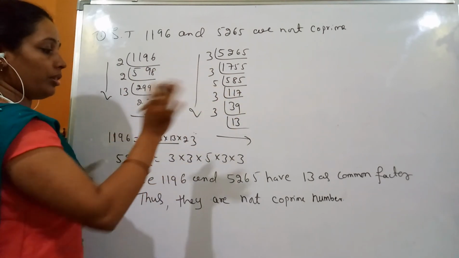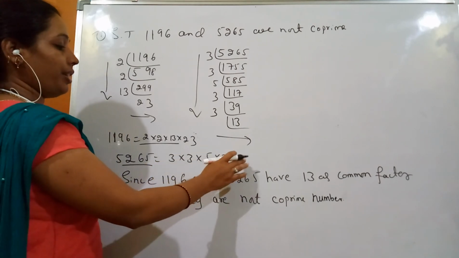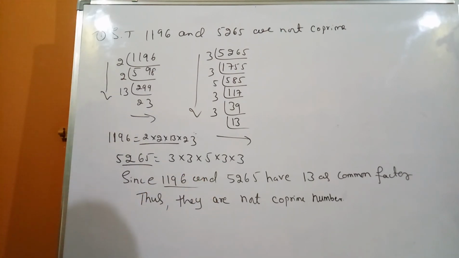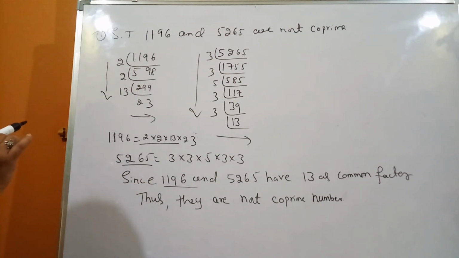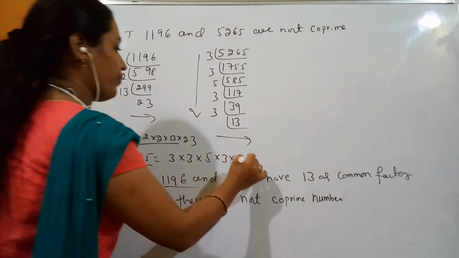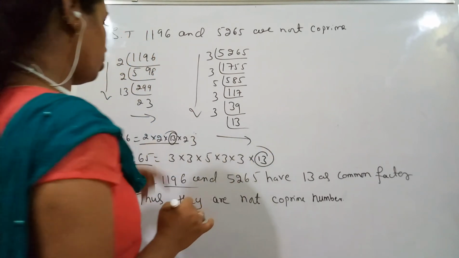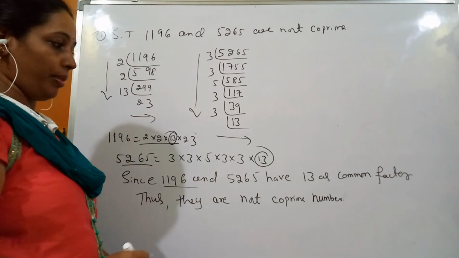Like that, we get the factors of this number as 3 into 3 into 3 into 3 into 5 into 13. Since these two numbers have 13 as a common factor, they are not co-prime numbers.